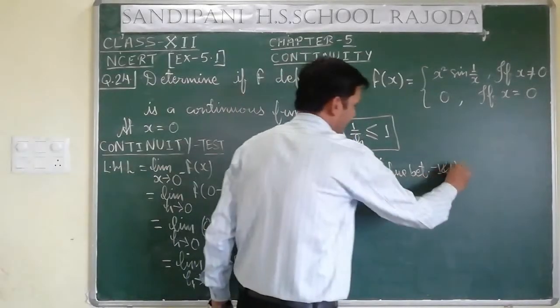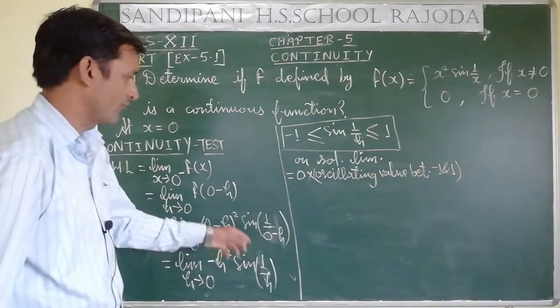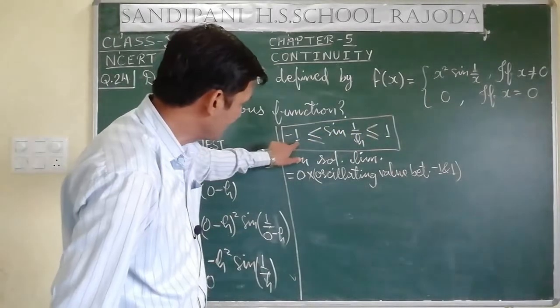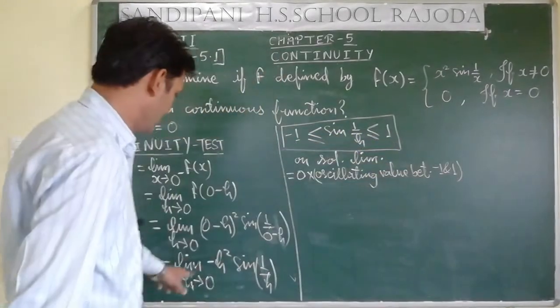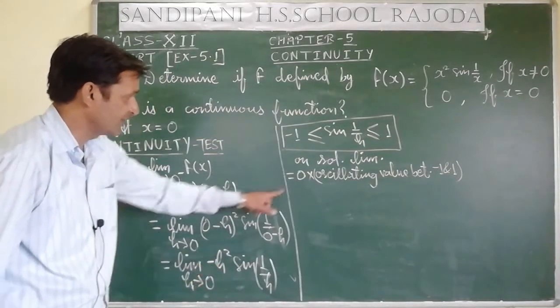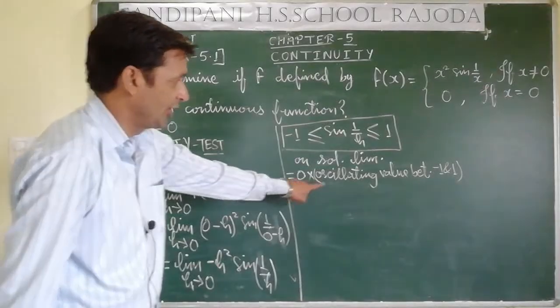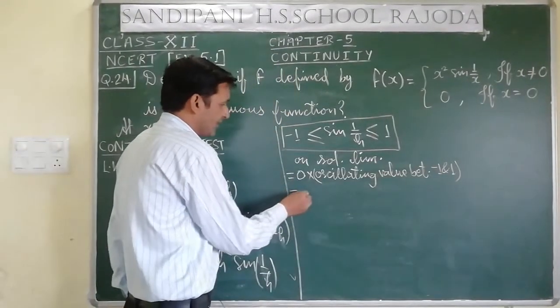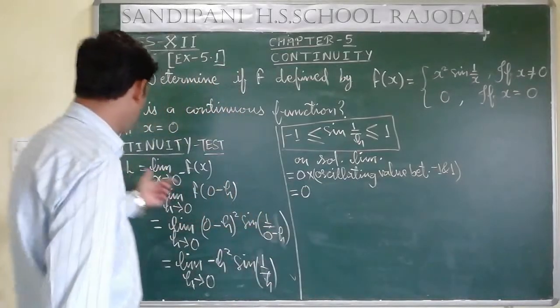This we may write. Of course we can write it because this sine function is always between minus 1 and 1, and here it is h square, that is 0. So there is no value of this minus. You can write directly 0 into oscillating value between minus 1 and 1. So this will become 0. This is our LHL part.